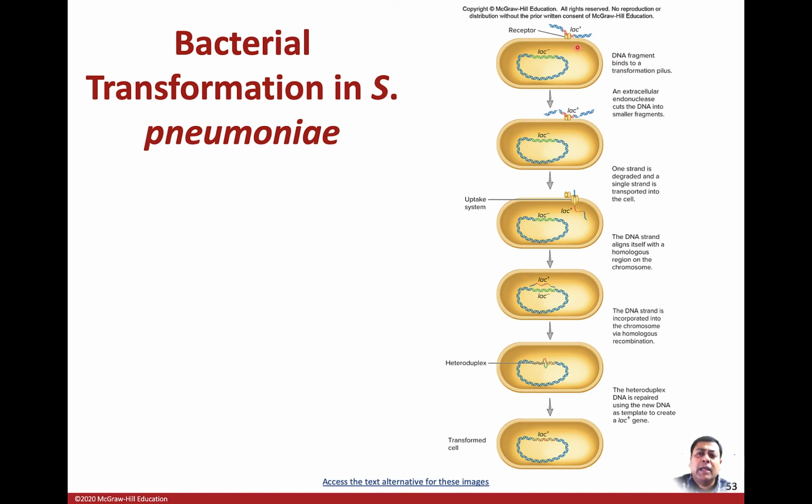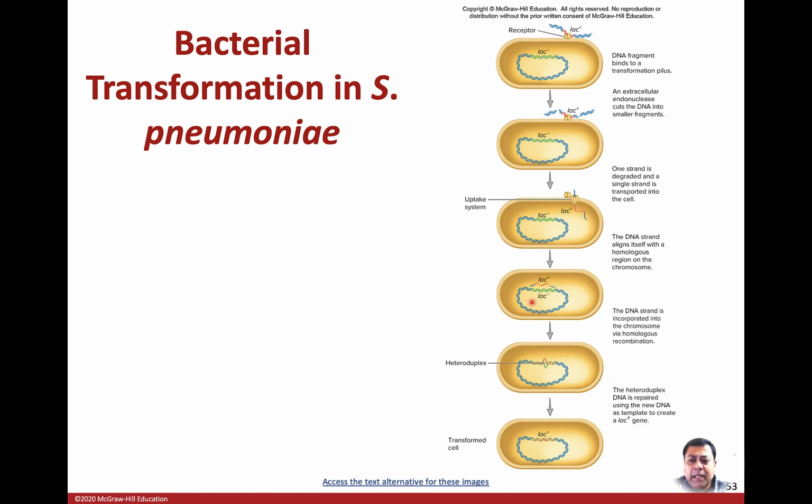So here we are looking at a bacterial chromosome inside a bacterium, which doesn't have a lactose utilization gene. And here is a lactose utilization gene from the environment. The bacterial extracellular endonucleases cut the DNA into smaller fragments. After cutting, only one strand is degraded and a single strand passes inside.